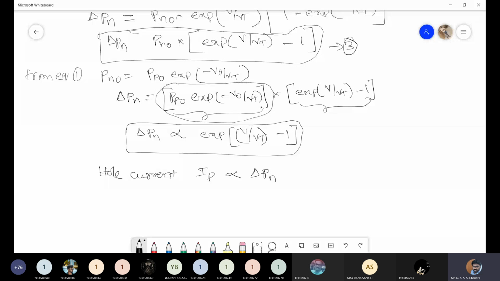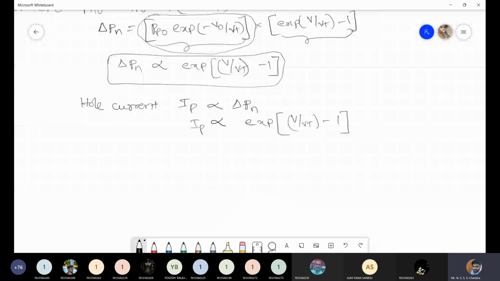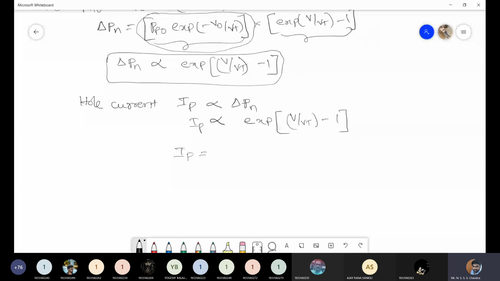So I can write that Ip is proportional to exponential of V by Vt minus 1. If I take a proportionality constant, I will be writing Ip is equal to Isp into exponential of V by Vt minus 1, where Isp is your proportionality constant.